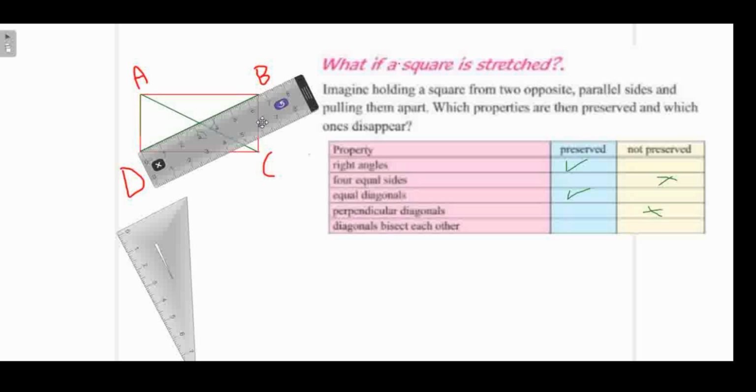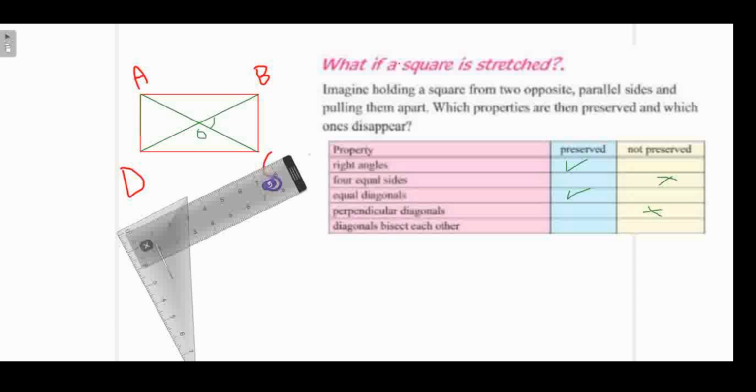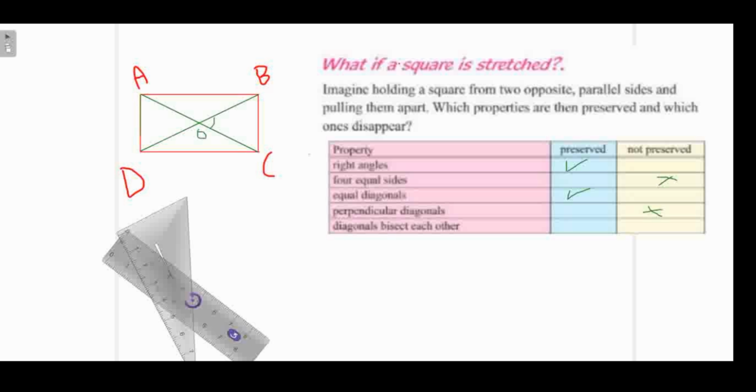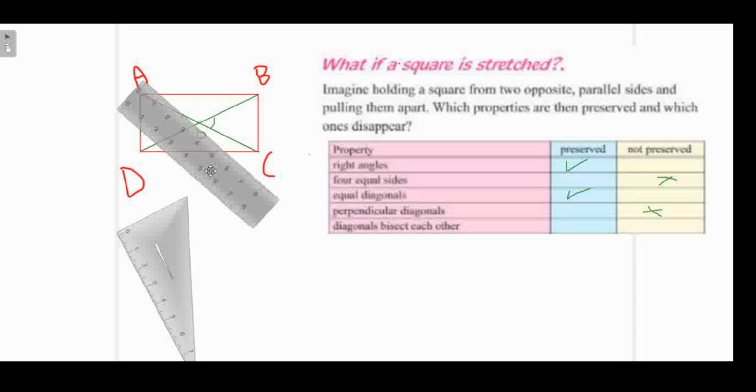Between 3.3 and 3.4, somehow in this range. So you can see that O here is between these two numbers. So yes, O is the midpoint of DB, and if we move the ruler to the other diagonal, which is AC, it should also be on the midpoint. So it is 6.6 or 6.7.